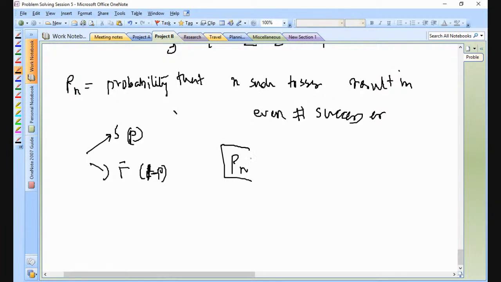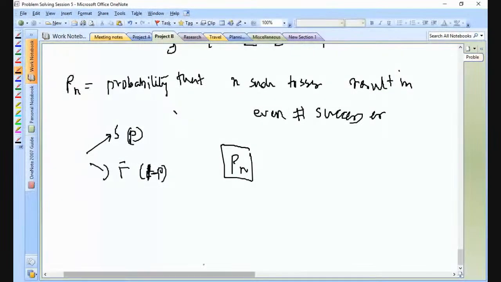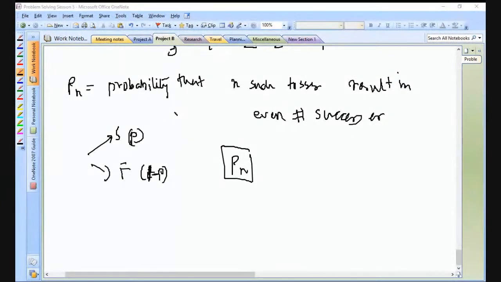Try to use conditional probability. Try to understand this. This is actually based on what happens in the previous one. So try to use this property of conditioning, guys. It will really help you. That's why I'm helping you to understand this. Did you understand the problem?